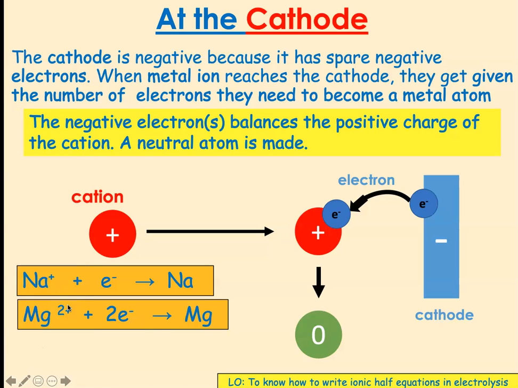So in order for it to become a neutral atom, we need 2 negatives and it becomes a magnesium atom. And aluminium has 3 positive charges. We need 3 negative charges to balance that out and for aluminium to become a neutral atom.